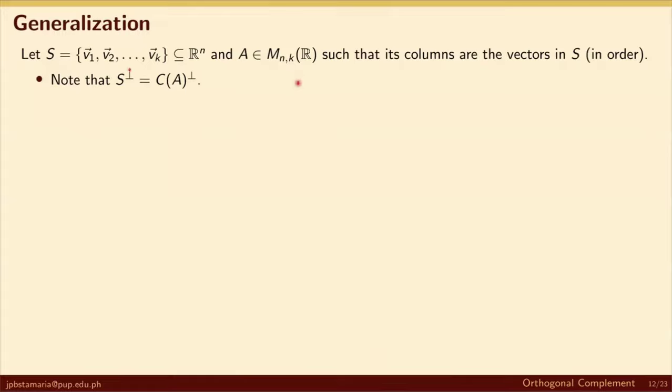So S perp is going to be the perp of the column space. Okay? So now what does it take for you to be in S perp? Well, a vector V is in S perp precisely when its dot product with each one of these is 0, for i from 1 to k.